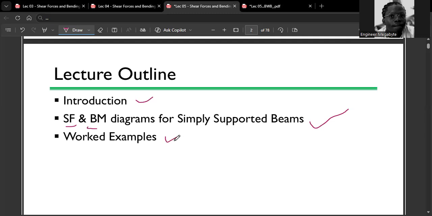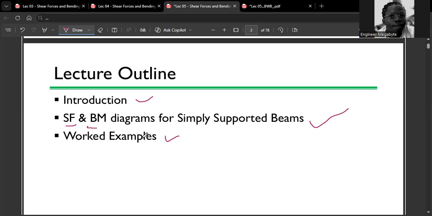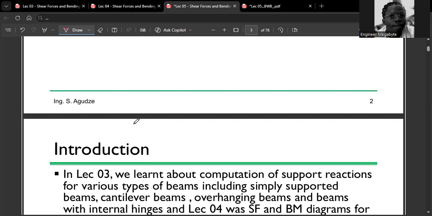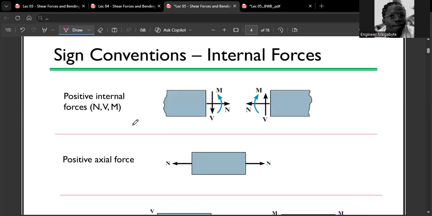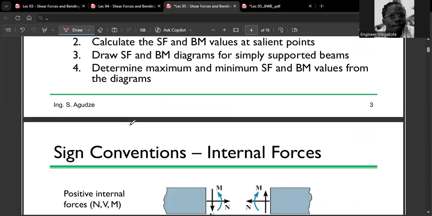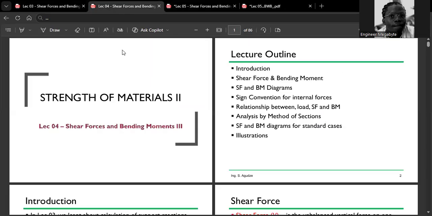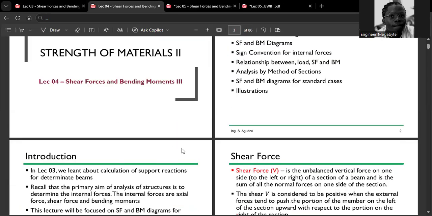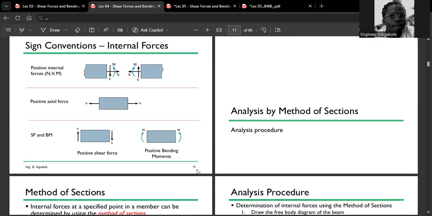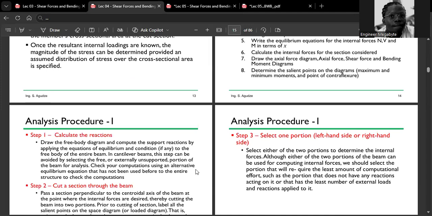Okay. Someone is asking why it is that we didn't look at lecture 4 but we are looking at lecture 5? Very good. This is the slide of lecture 4 I'm having over here. It is just like lecture 5, but lecture 4 is composed of the formulas, the formulas of how the solution went about.